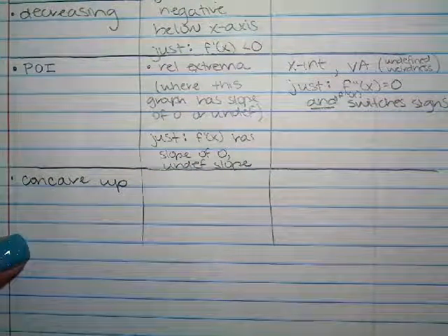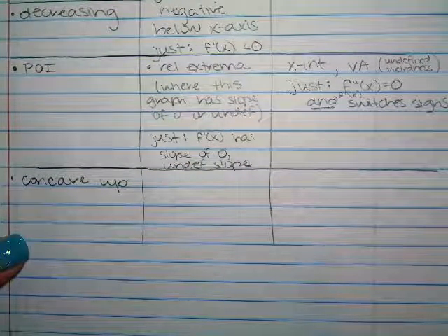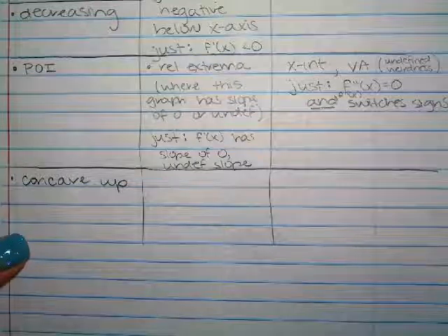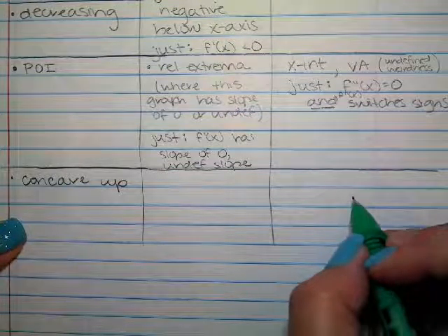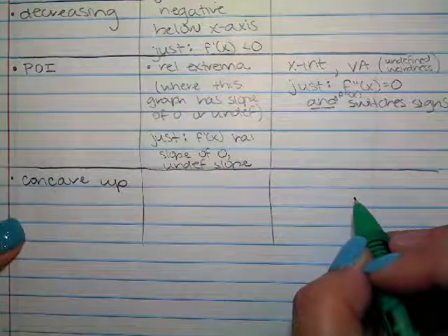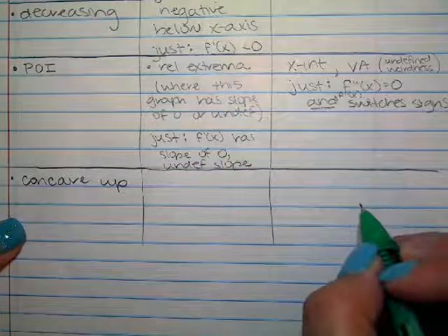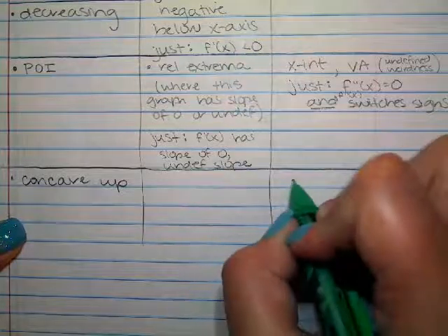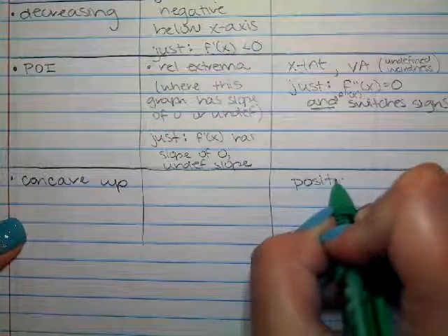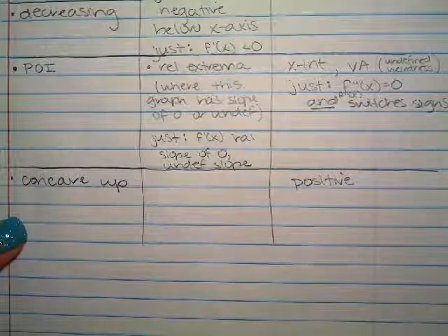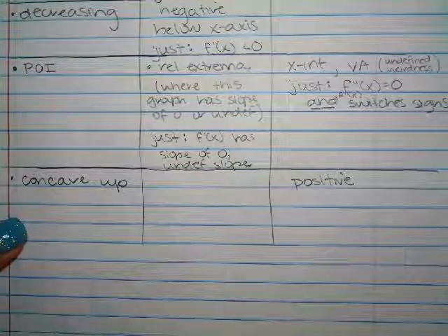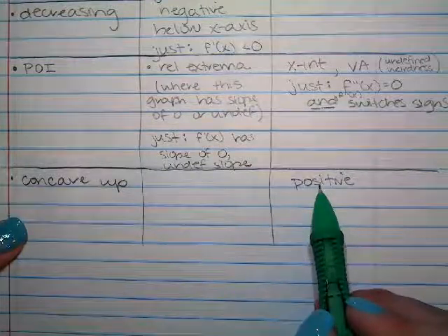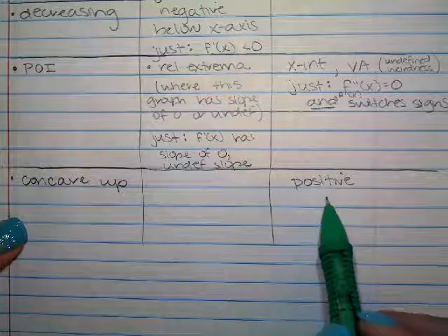Concave up, what does that look like for the second derivative graph? It is positive, so it's going to be a positive output on the sign chart. And then what does it look like on the graph? It's above the x-axis.